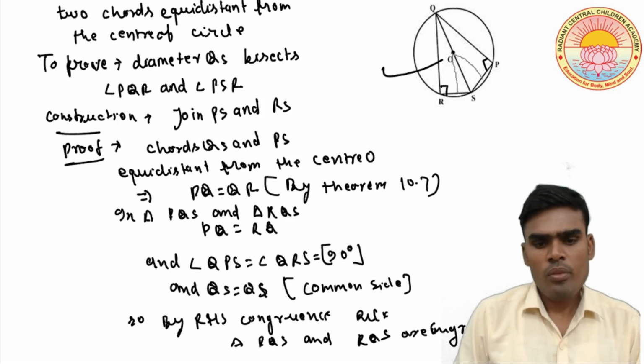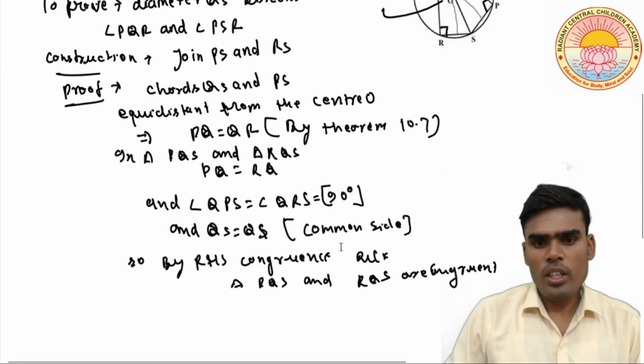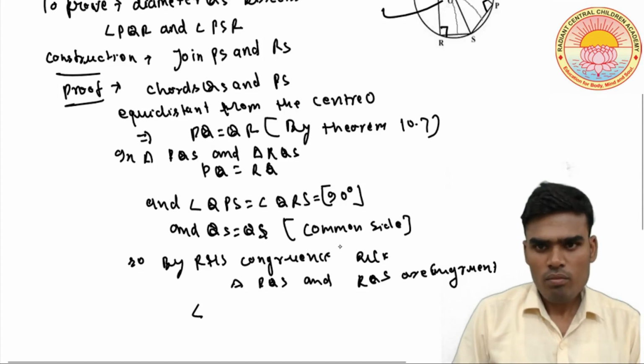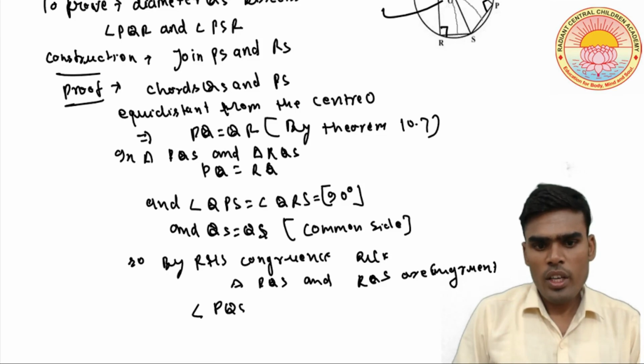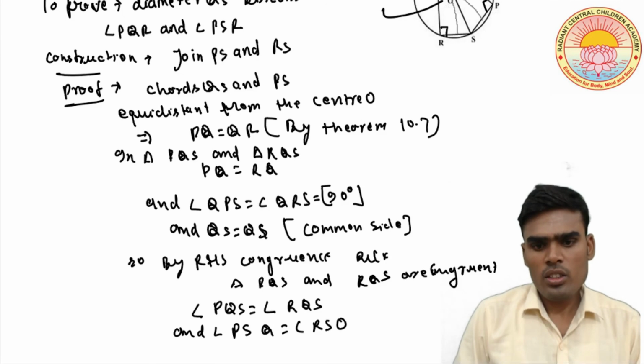Congruent, and when they are congruent we get angle PQS is equal to angle RQS and angle PSQ is equal to angle RSQ by equation first.